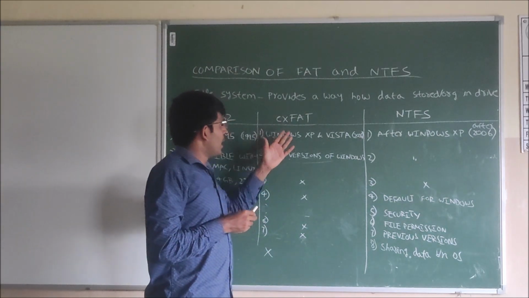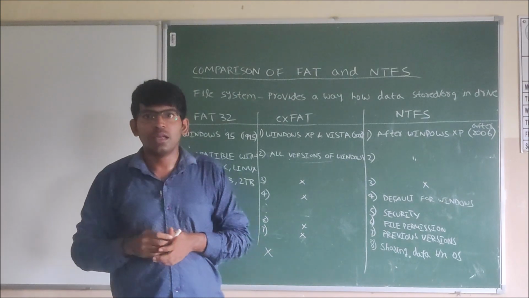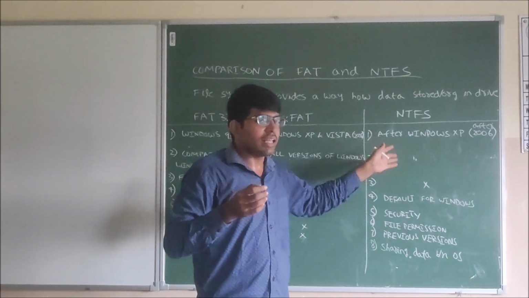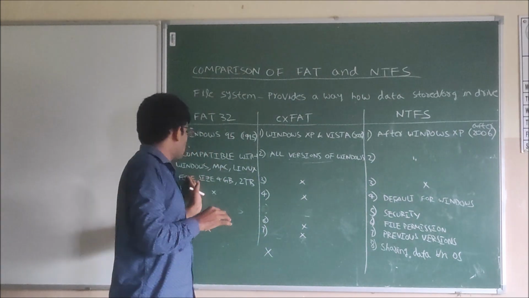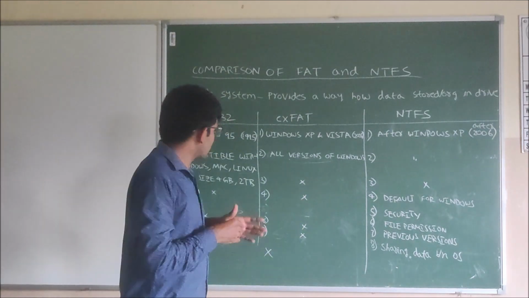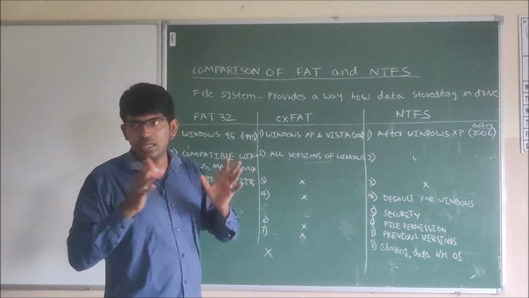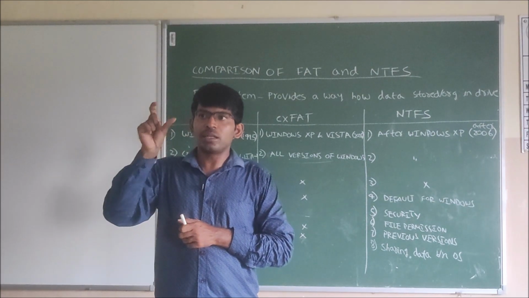Now, in exFAT, there is no such limit. And similarly, in NTFS, there is no such limit for the maximum file size, and no limit for the partition disk size either.